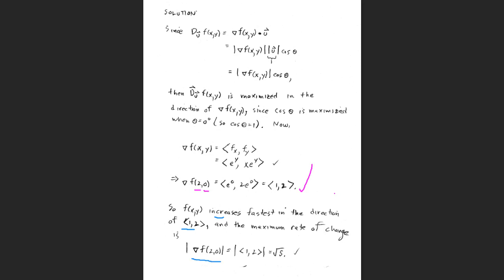The maximum rate of change would be the length of the gradient vector, which in this case equals root 5, because the length of this vector is the square root of 1 squared plus 2 squared. Hopefully everything's making good sense.